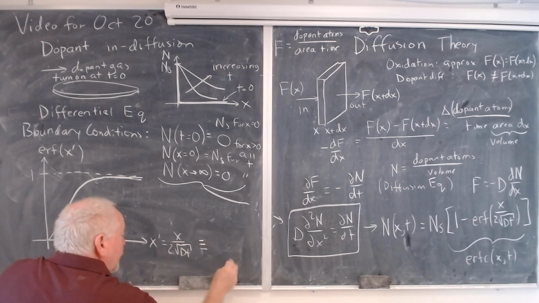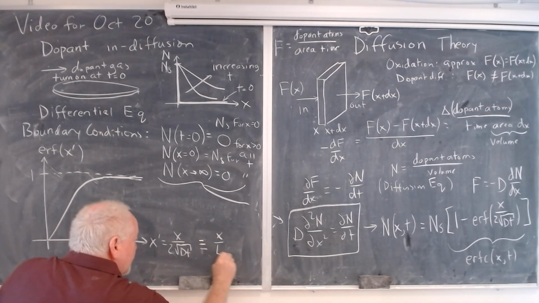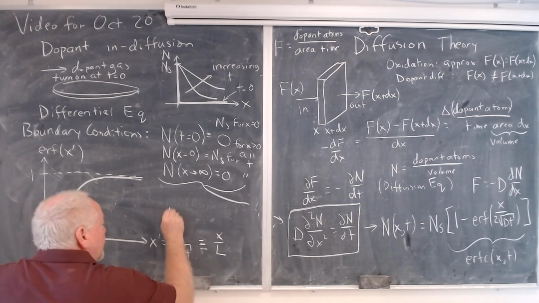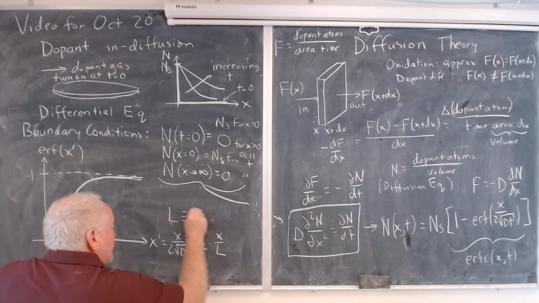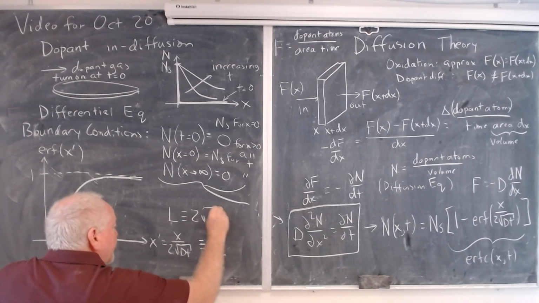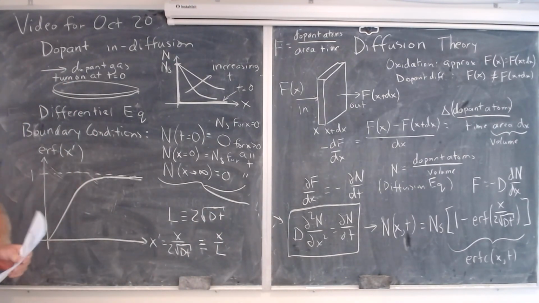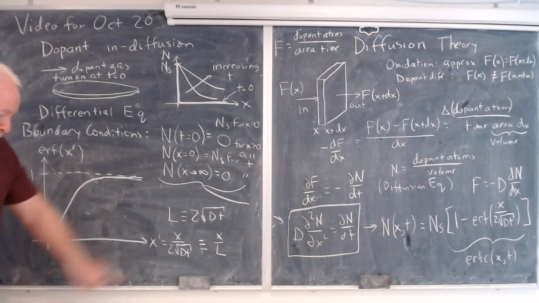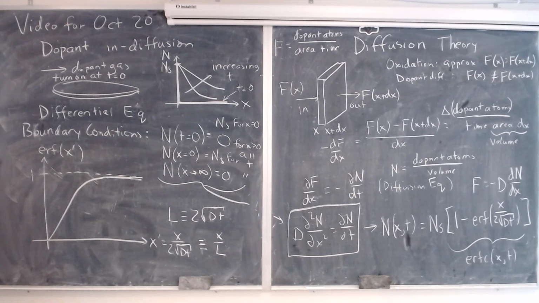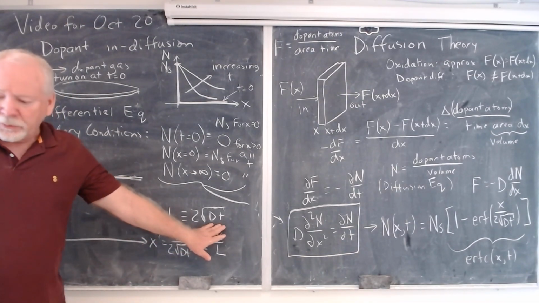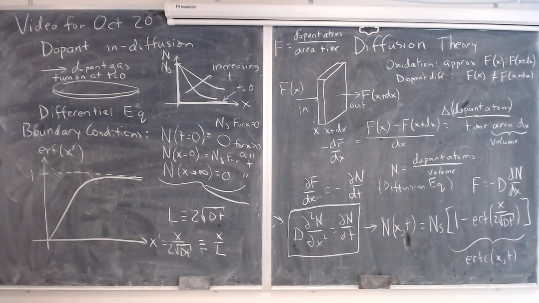I'm going to define that as x over L. So I'm defining L as 2 times the square root of Dt, and this actually has a name, it's the diffusion length. So basically, L goes up as the square root of time. And we'll end there for today, and you have enough information to get started on homework 6.